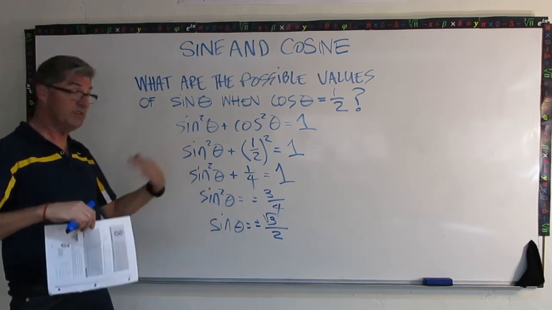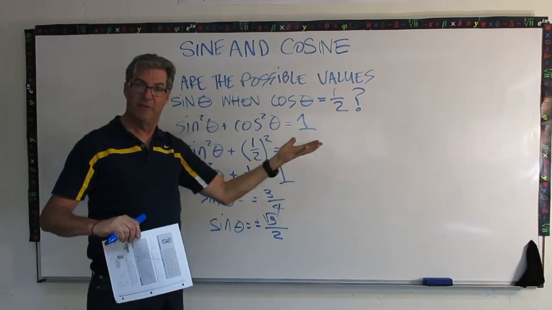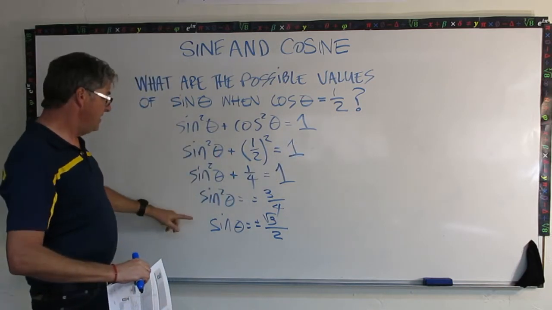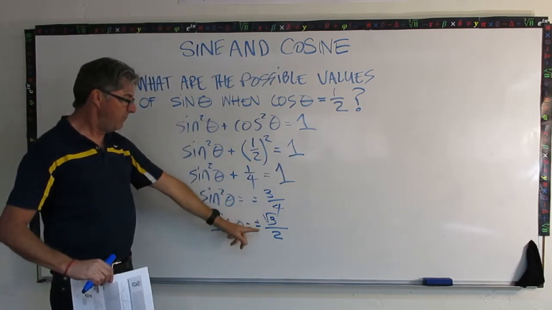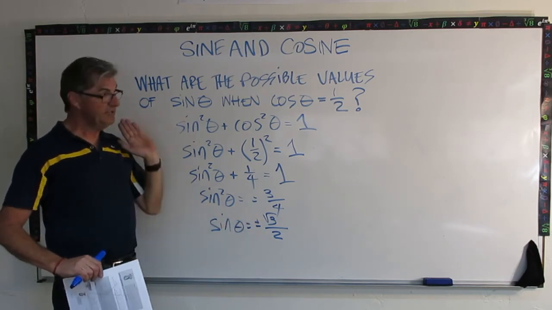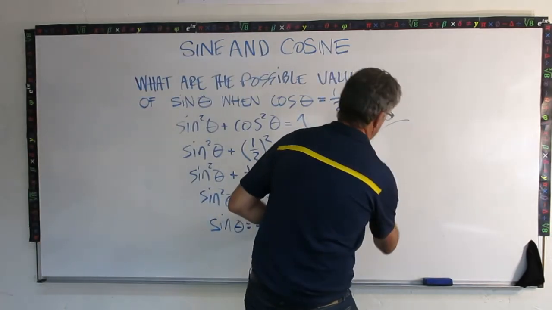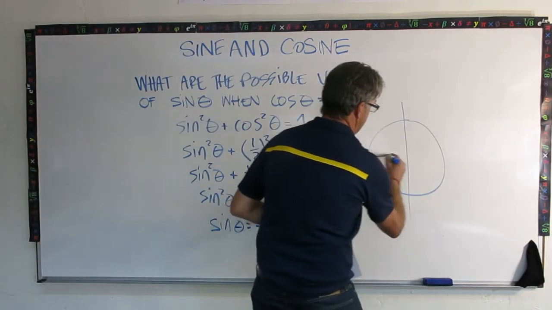So, to summarize, if cosine theta is 1/2, then sine theta can be plus or minus root 3 over 2. Pretty straightforward. Let's throw that on the unit circle so you can see how that looks graphically.